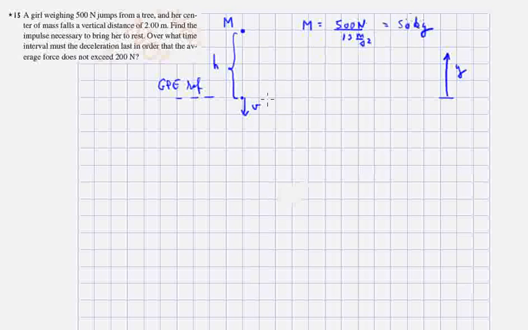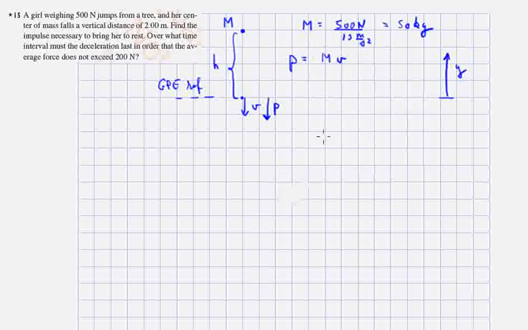And her p, momentum, downwards when she hits the ground here, her p is equal to, well, that's going to be negative. It's downwards. And so it's going to be the mass times her velocity, m times v, and I can calculate v from conservation of energy.